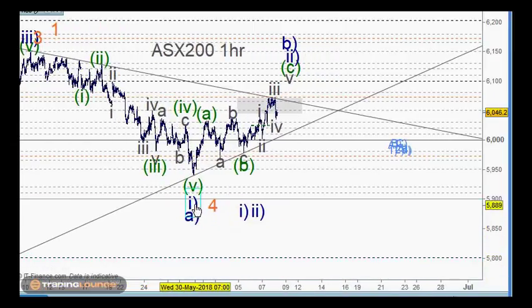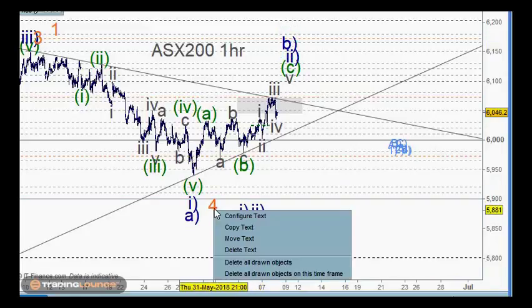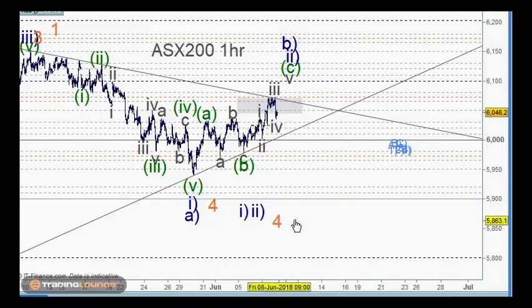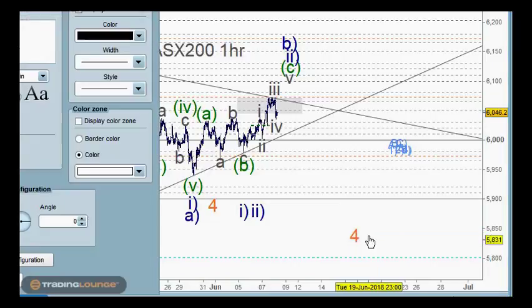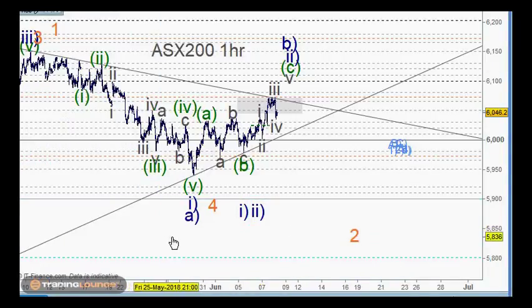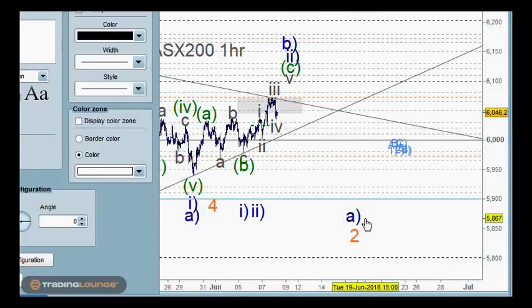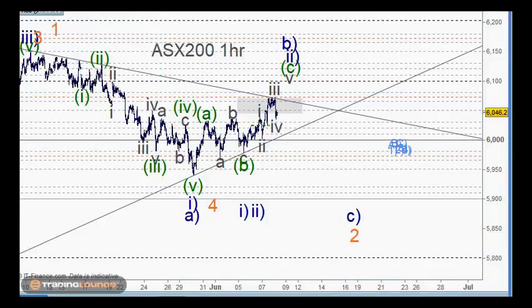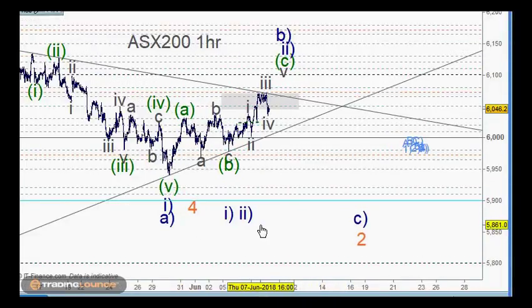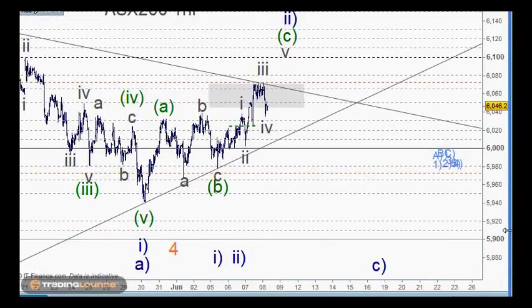We can have this as wave 1 or an A wave, wave 2 or a B wave, and we'll end up having this over here as wave 2, and wave C here. It basically all depends on this particular pattern here. So this is where we need to be.